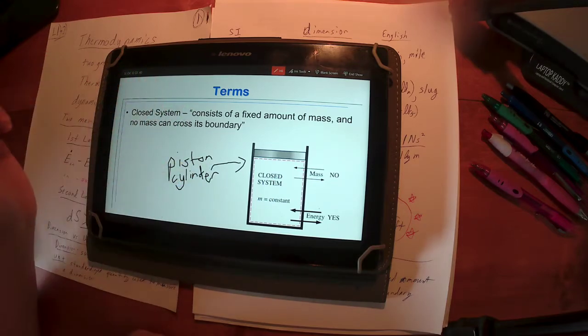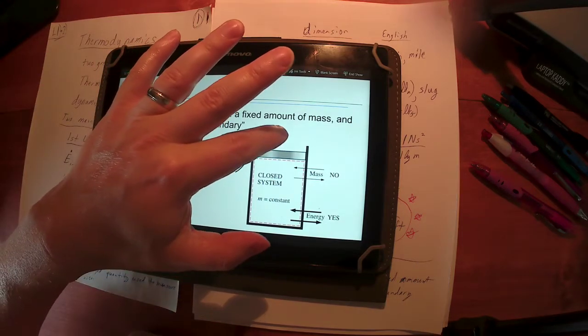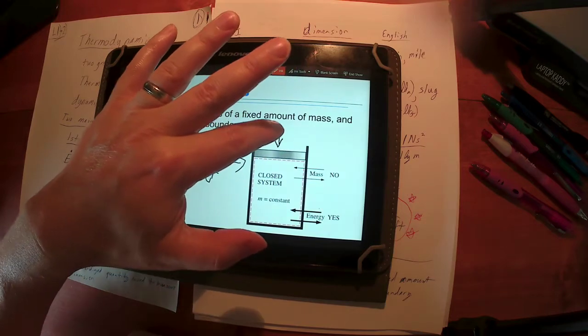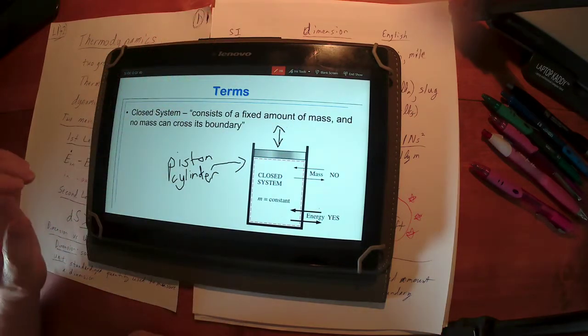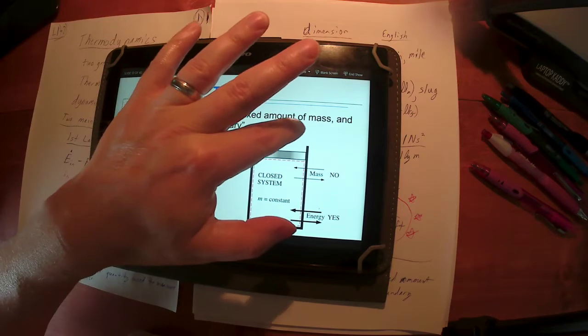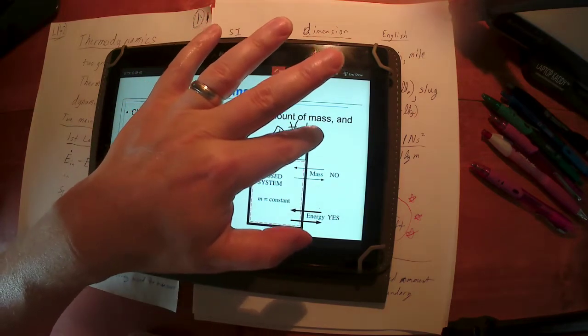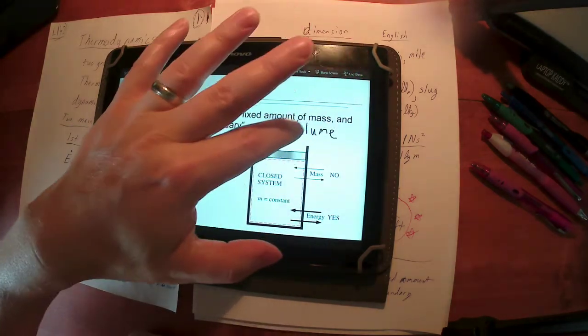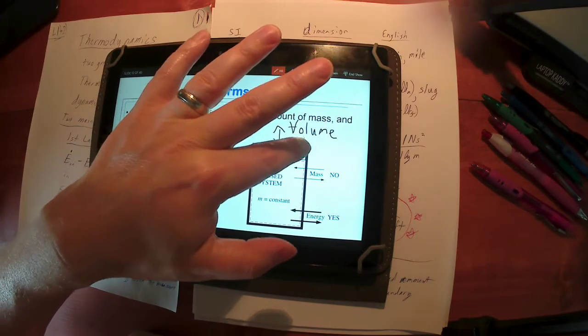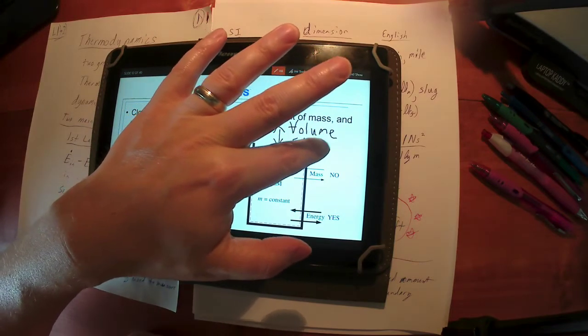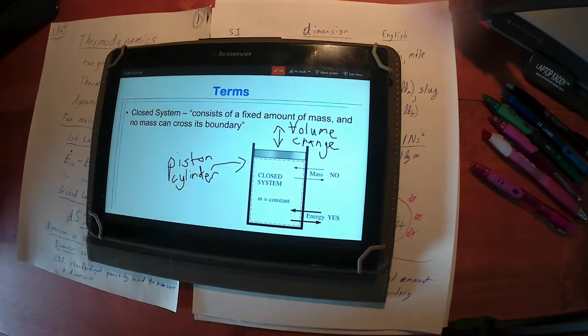Right, piston cylinder. And what that means is that this lid right here can move up and down. So volume can change in a closed system.